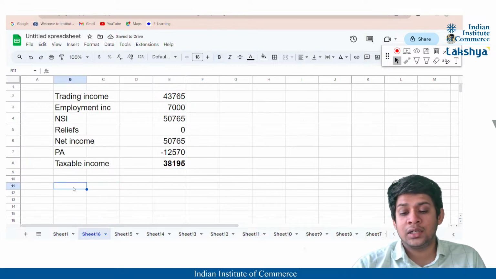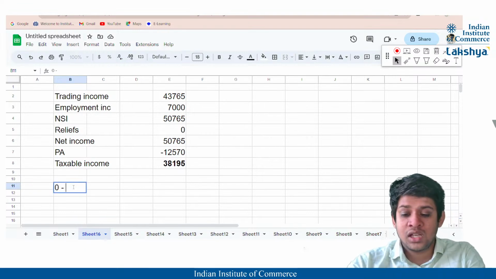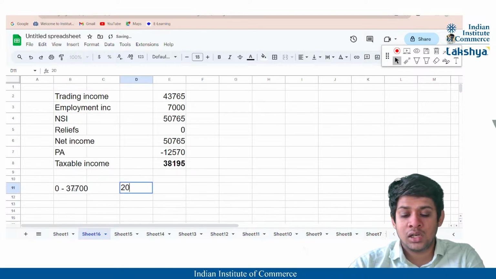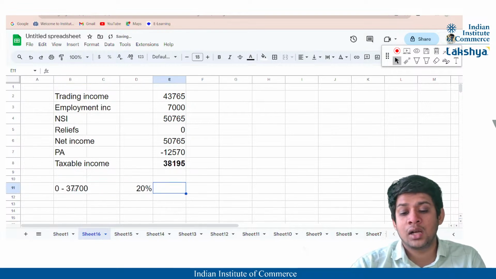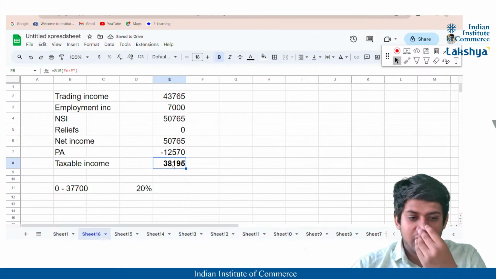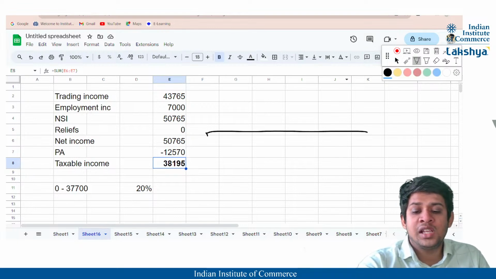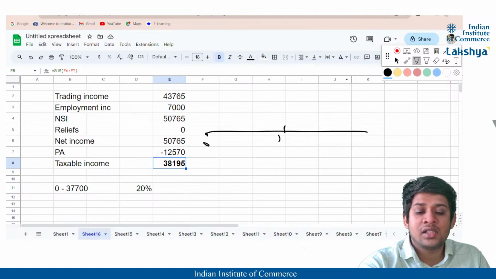How will that be calculated? Let us look at it. From 0 to 37,700, 20% is your tax liability on non-savings income. Your total income is 38,195, so it falls somewhere here.